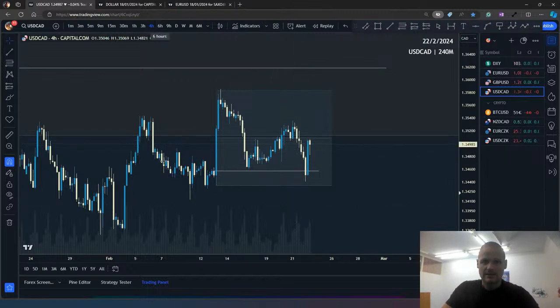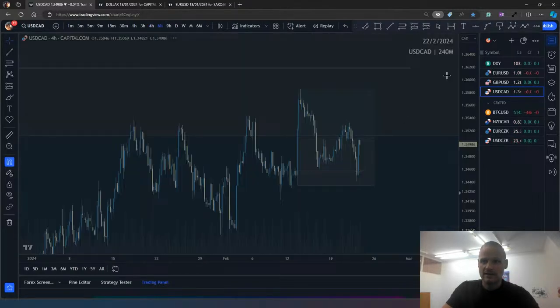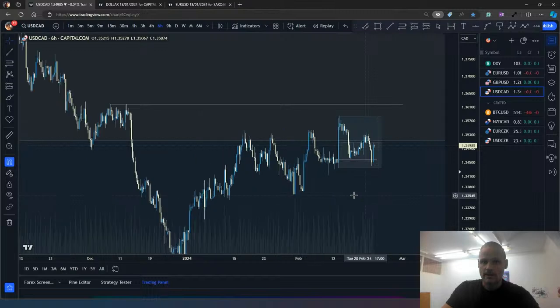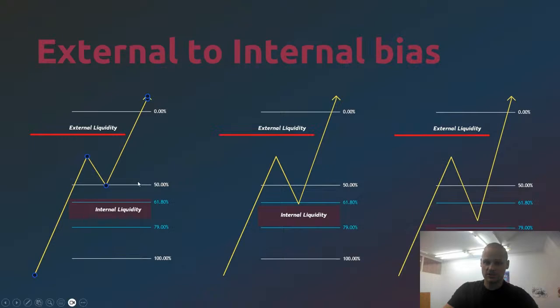So that's the main thing which I wanted to say today about liquidity, that we are always repricing from the external to internal, and we can use this information as our bias. So currently, the USD CAD which we've been looking at is moving from the internal to the external.